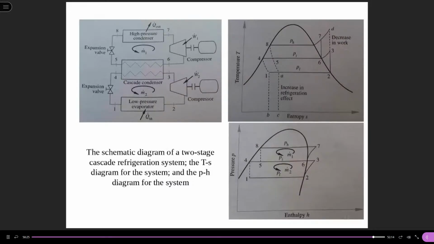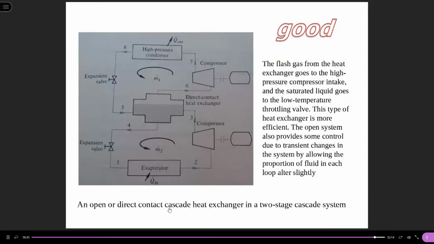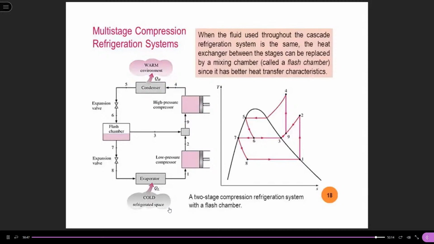The cascade refrigeration cycle with a cascade condenser, or with a flash chamber, a direct contact heat exchanger, and we have to understand they have different pressures. And even here with mixing, I think for us it's very important to understand how the cycle works, how the refrigerant undergoes different thermodynamic processes.